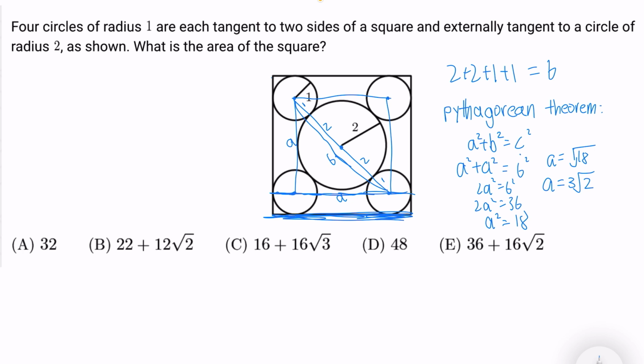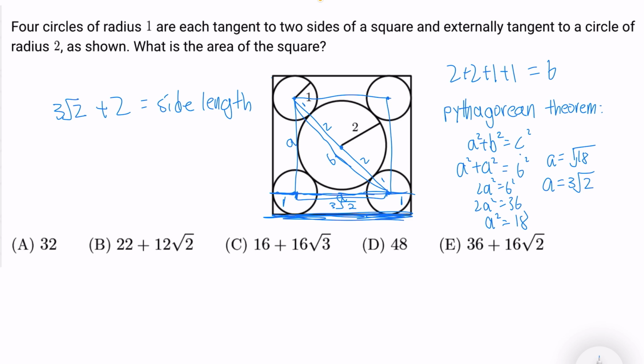So if we figured out that this portion right here is 3 times square root of 2, all we need to do is add 1 on each side, so that's 2. So 3 radical 2 plus 2 is equal to the side length of the square that we're trying to solve the area of.